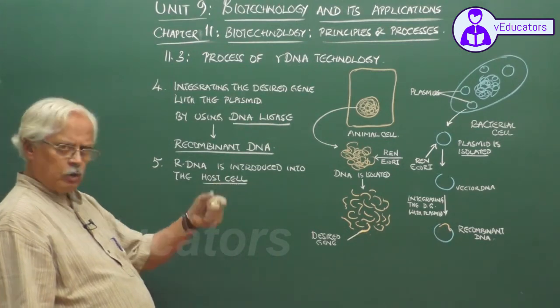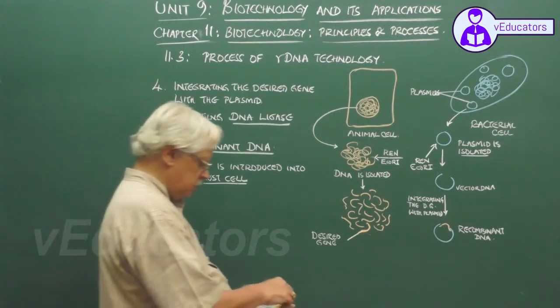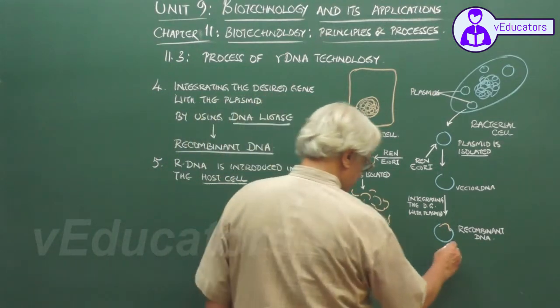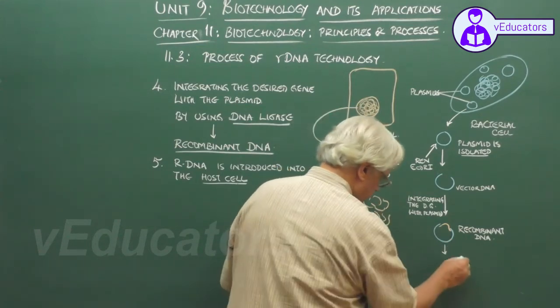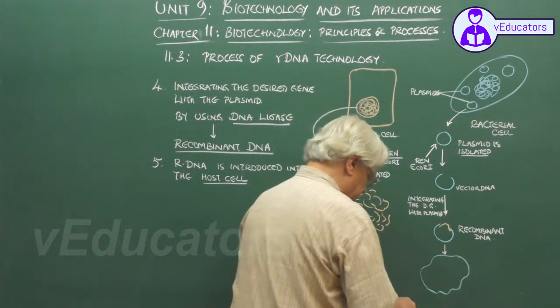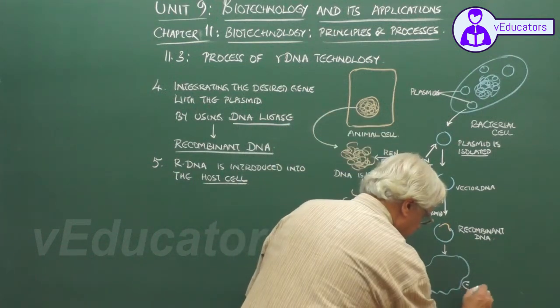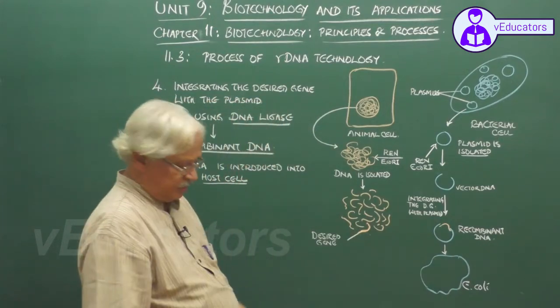The host cell is made competent by treating with calcium chloride. So in the next step, suppose this is E. coli bacteria.